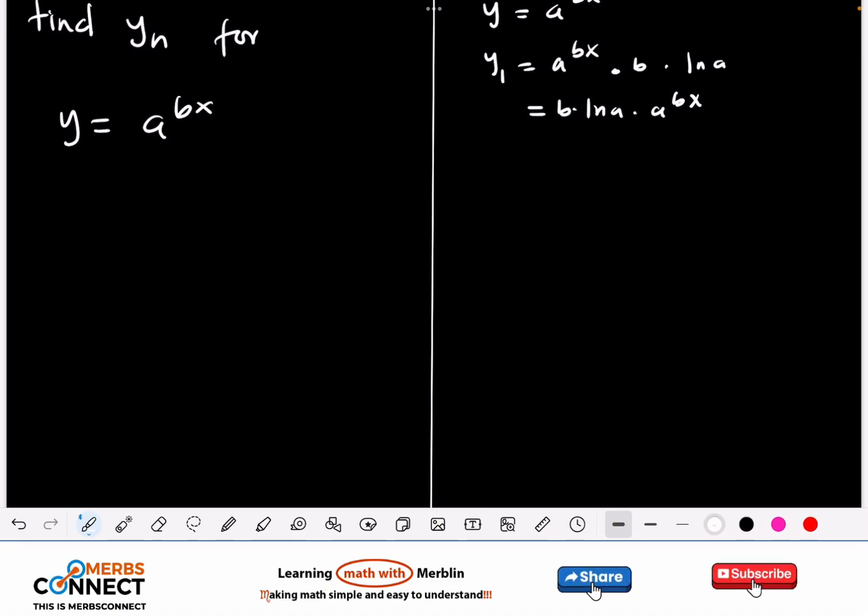Let's talk about the second derivative. y2 will be equal to, now don't forget, everything here is constant. Can you see that?